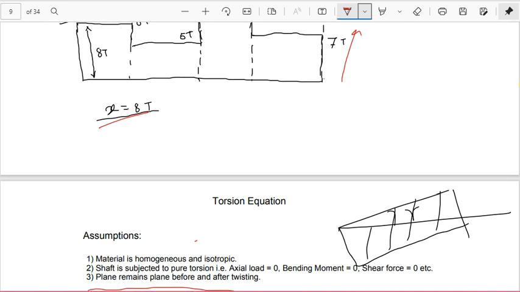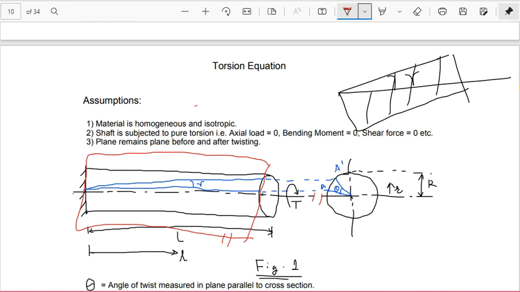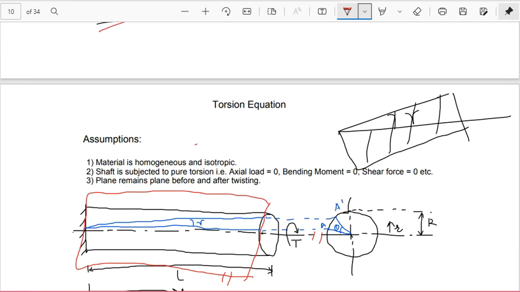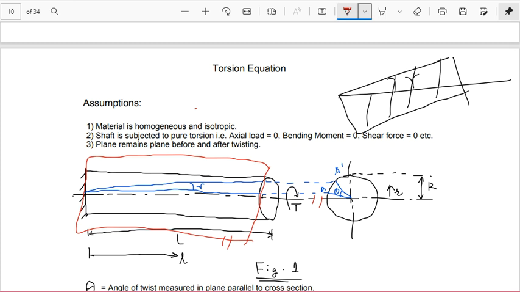Now we will derive the torsion equation. Few things I have already explained. We consider that this gamma, that is shear strain, is in the plane parallel to the longitudinal axis, while this angle theta is in a plane parallel to the cross section, that means perpendicular to the longitudinal axis.